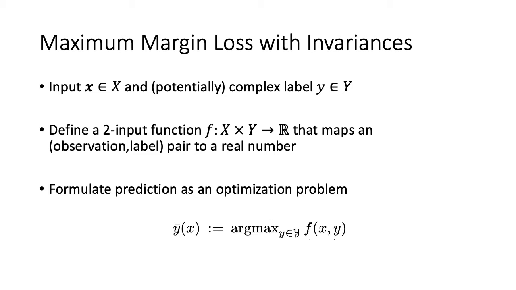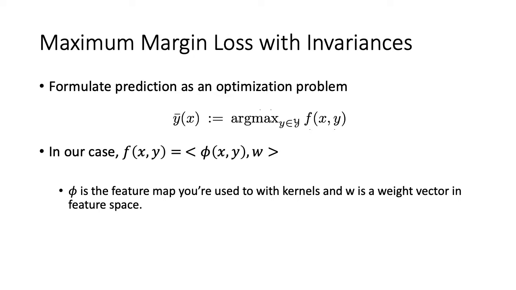They use structural SVMs, which formulates prediction as a maximization problem. You basically have this compatibility score function, I like to call it, f of x, y. You give it an x example and a y label, and f of x, y basically gives you back a number that tells you how compatible label y is with example x. If you go and maximize that function over the entire space of labels and give back the top scoring label, you'll basically have your prediction.